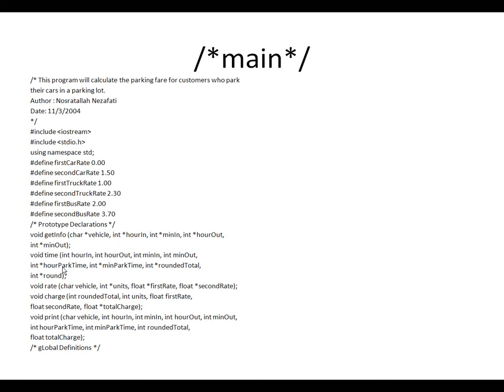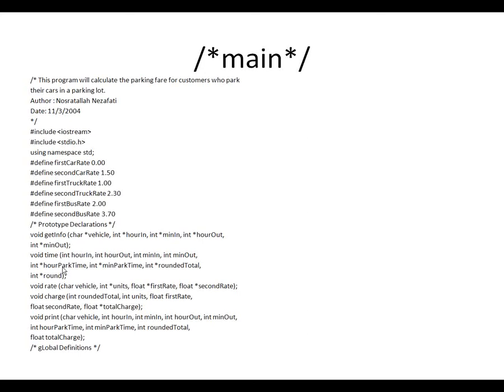The next function is the rate function. Again, I'm passing by value the first one, the vehicle, and the second one I'm passing by reference, or the address, of the units. The next one is the first rate, which I'm passing by reference.